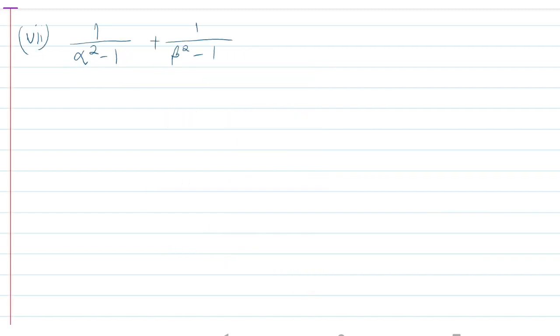The last flavor in this series is 1 over alpha squared minus 1 plus 1 over beta squared minus 1. Again, we're going to express this as a single fraction. In the denominator, we have alpha squared minus 1 times beta squared minus 1.